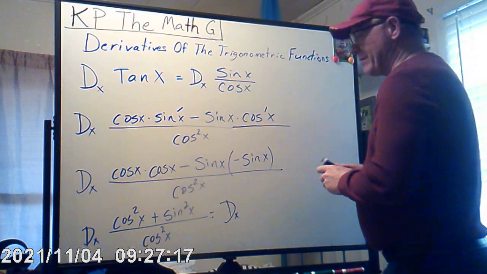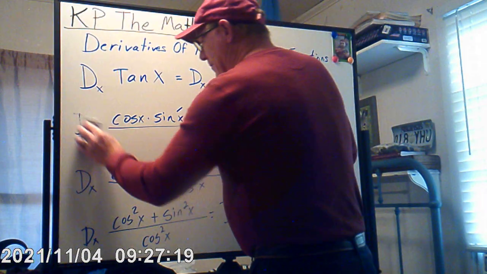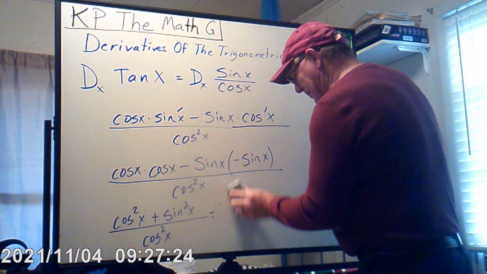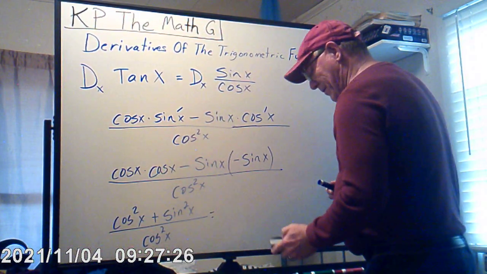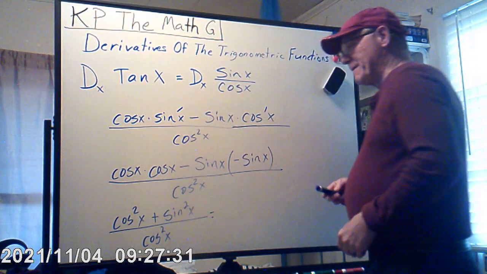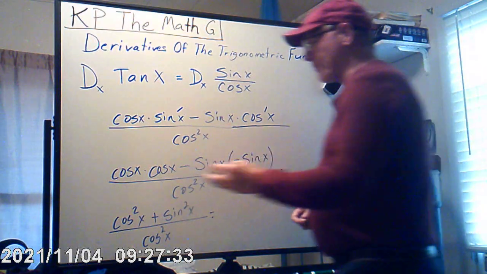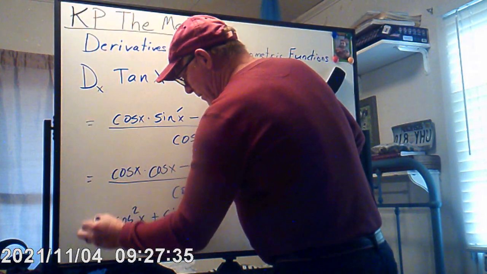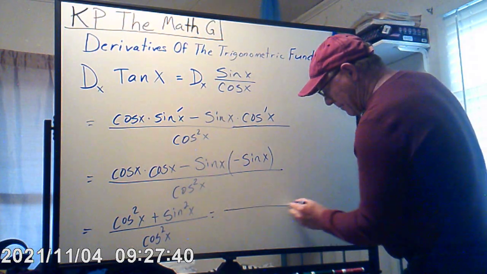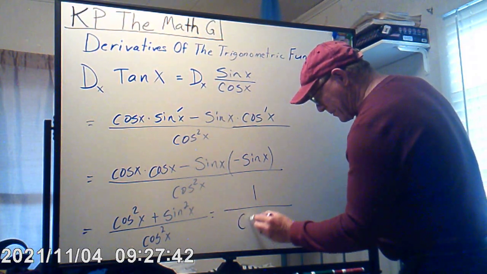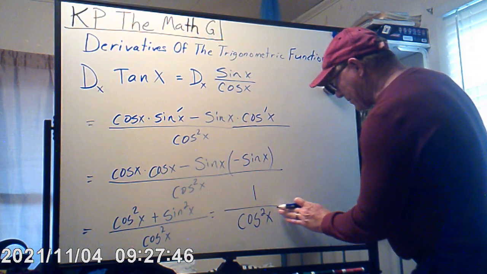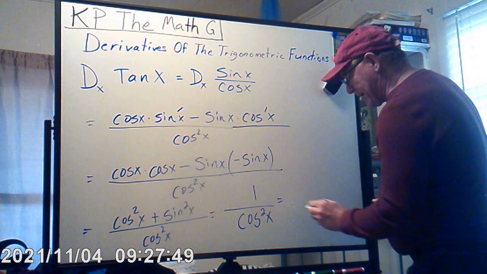We're not taking the derivative each time of each one of these individually. We're just taking the derivative of this. Okay, that's better. Now this is equal to 1 over cosine squared, and 1 over cosine squared happens to be secant squared.